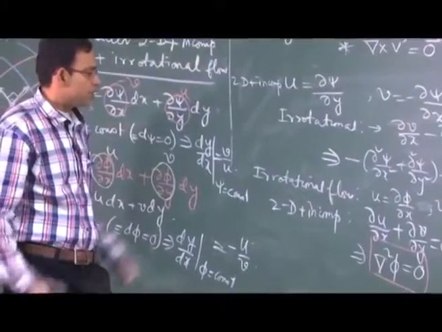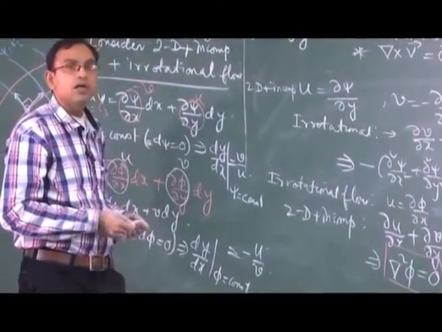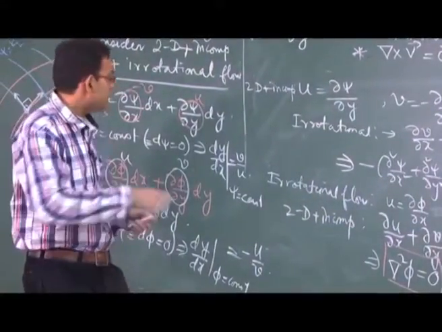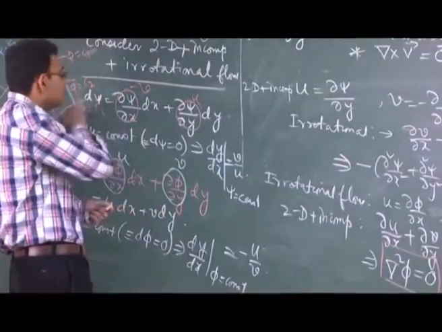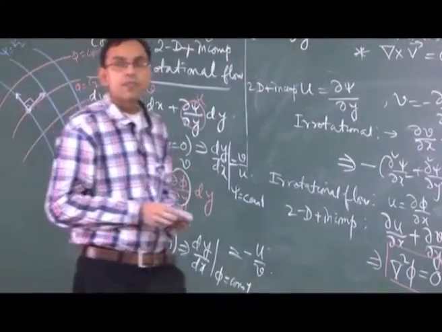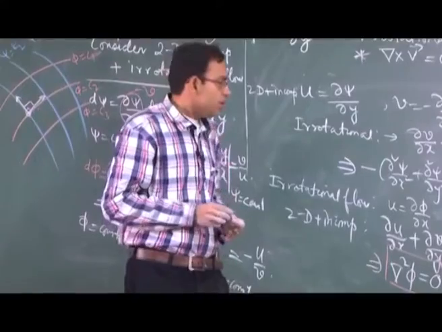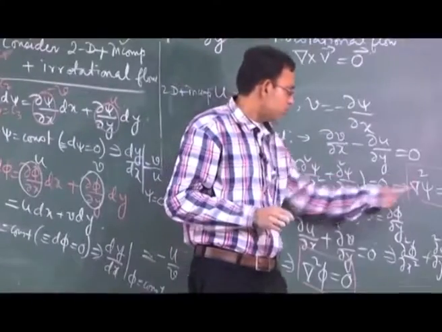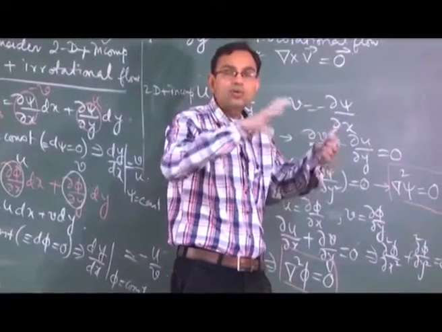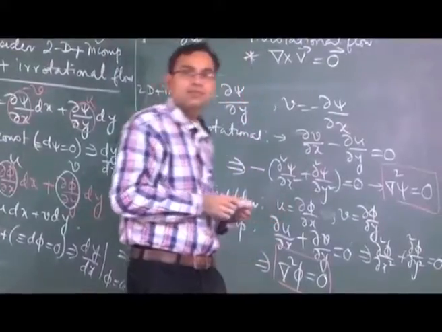Of course, their solutions will be different because their boundary conditions are different, but their solutions will be orthogonal in space, and therefore solving these two equations will give you orthogonal sets of lines.